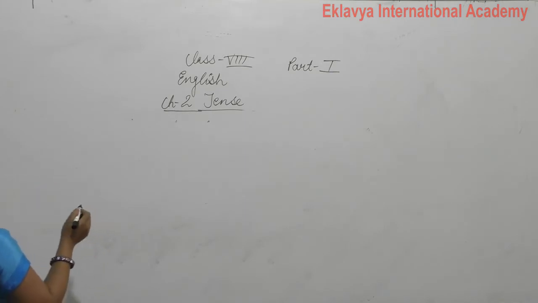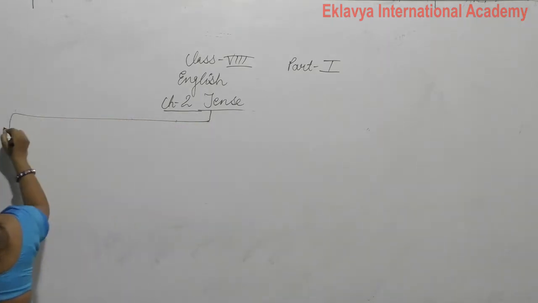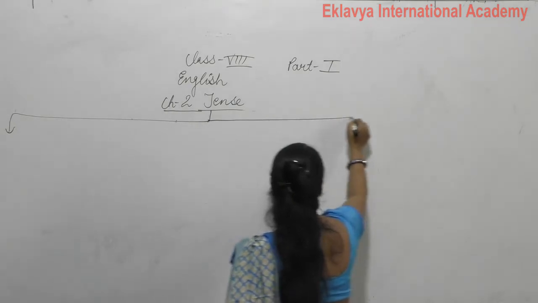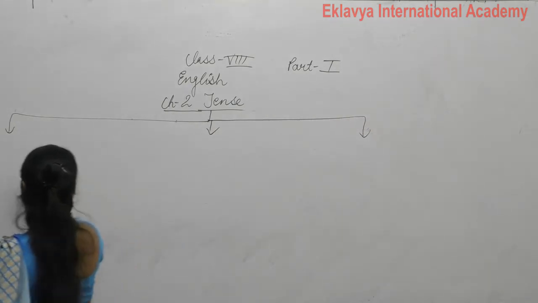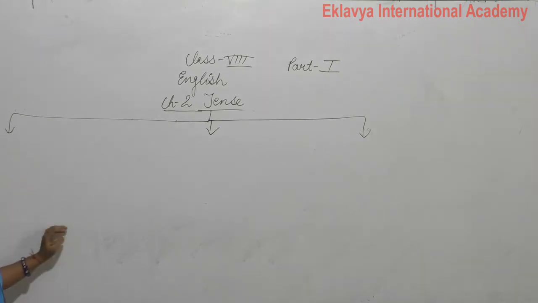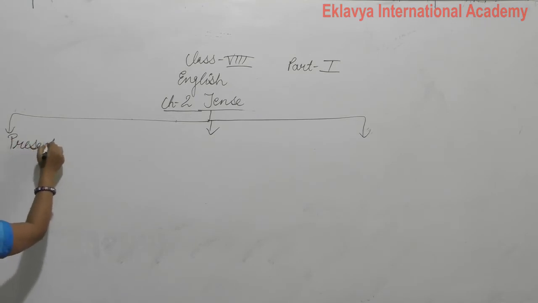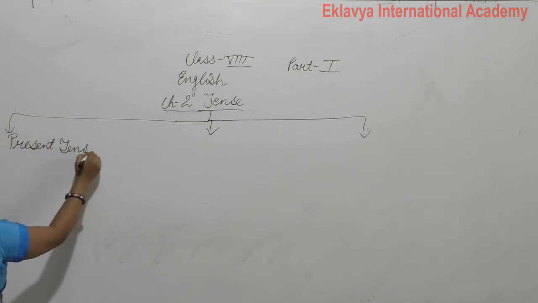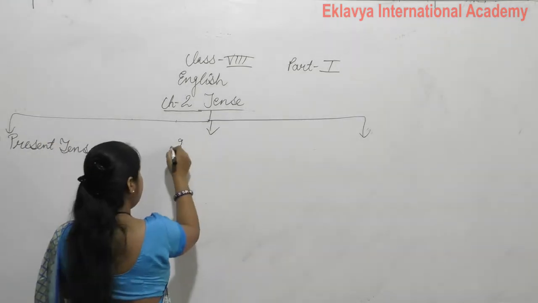Now come to the important part. Tense is divided into 3 parts. Everyone knows that tense is divided into 3 parts. This is a very important topic, so everyone listen carefully and write everything properly in your notebook. First is present tense, which tells us about the present.